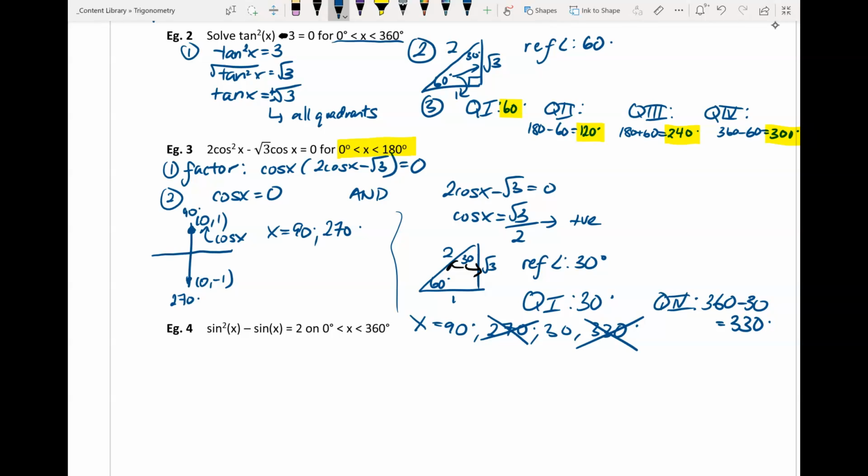So our only answers are going to be 90 degrees and 30 degrees. Now your domain will change depending on the question. If this question says 0 degrees to 360, then you do need to include all 4 angles. But in this particular question, the domain is restricted. So just be aware of the restriction of domains.